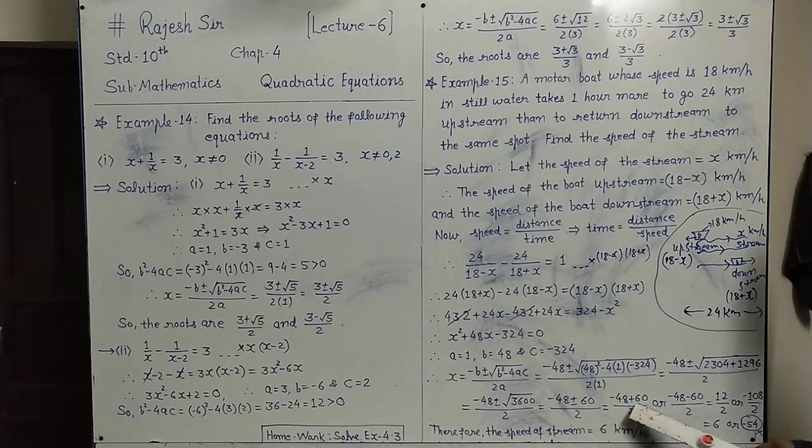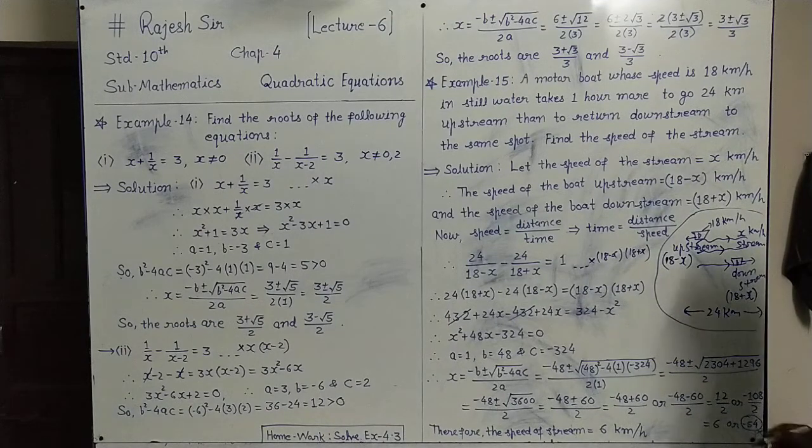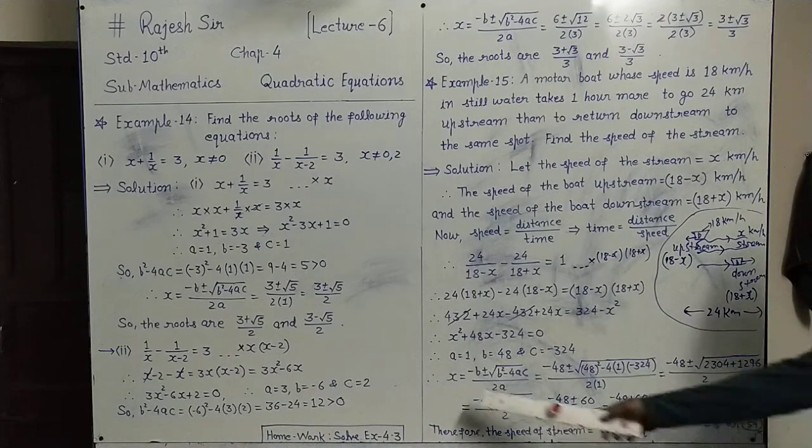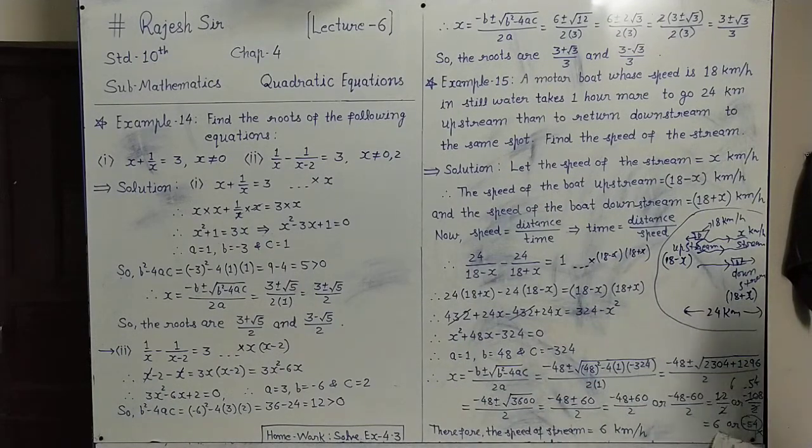Then simplifying these two, 60 minus 48 will give 12 upon 2, and the other part will give minus 48 and minus 60 as minus 108 upon 2. When we cancel by 2, we get 6 and minus 54. So we have the two roots, x equals 6 or x equals minus 54.